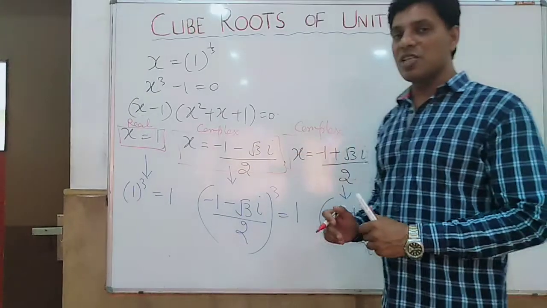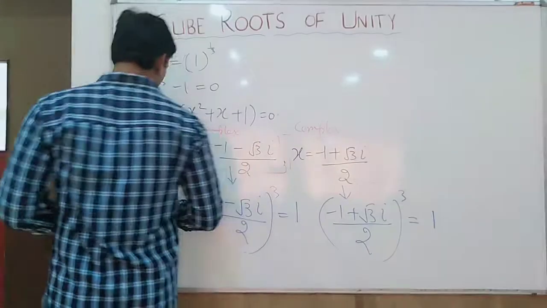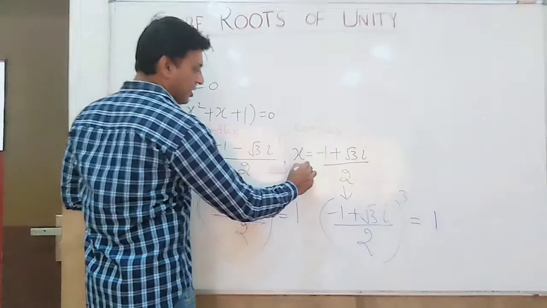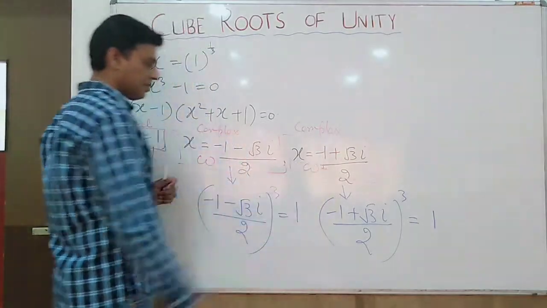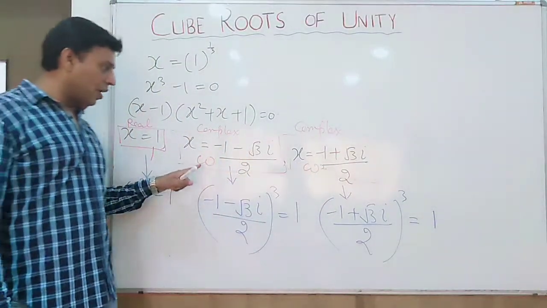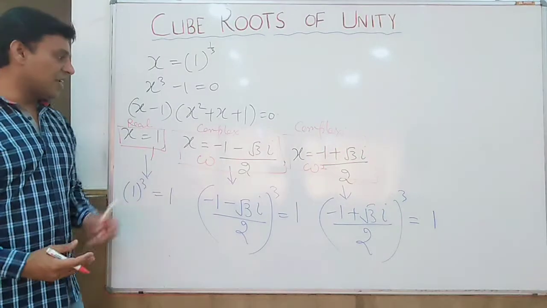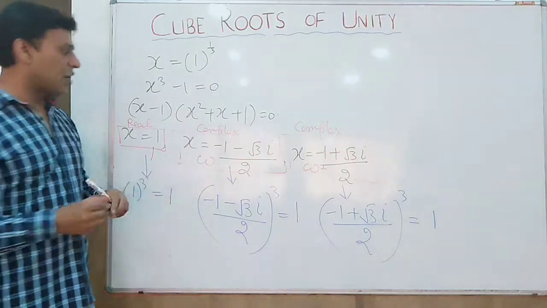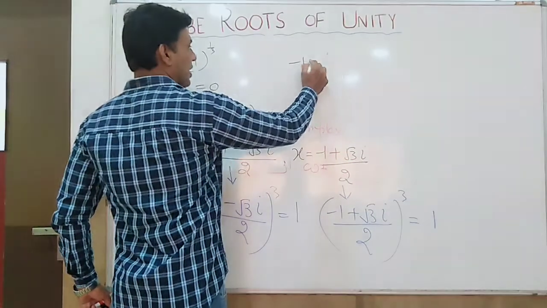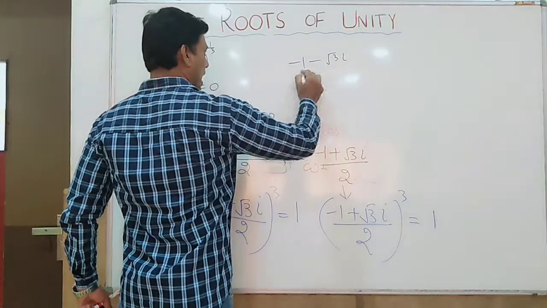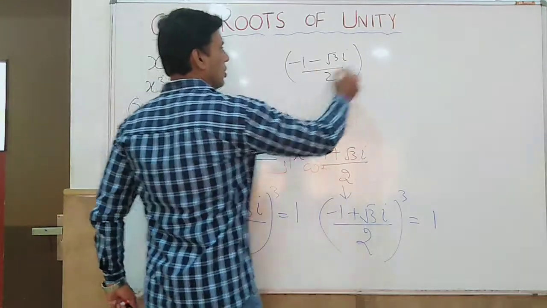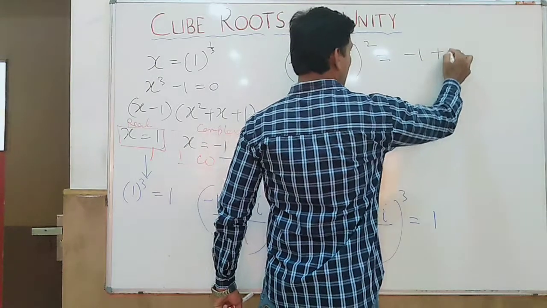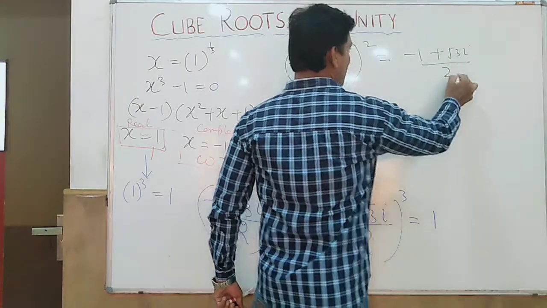We name these cube roots of unity like this: it is 1, this is called omega, and this is called omega square. Why am I calling them omega and omega square? There is a very important property between these two roots. If you square the root minus 1 minus under root 3 iota upon 2, you will get the root minus 1 plus under root 3 iota upon 2, you can check.